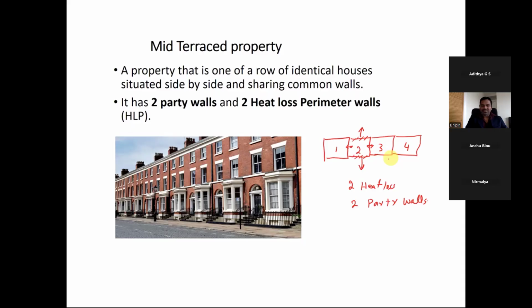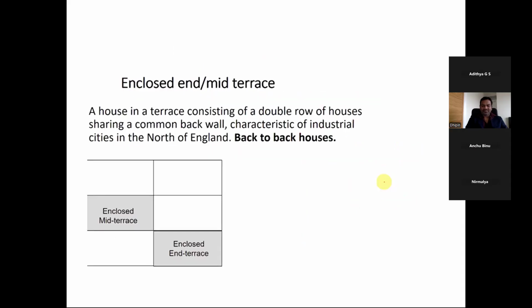So if you look at this, it has two party walls and two heat loss perimeter walls, whereas in a detached house you would have seen four ways of losing heat. Obviously, buying a detached house is quite expensive when compared to a mid-terraced one.